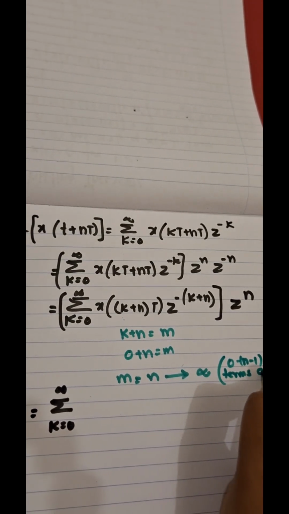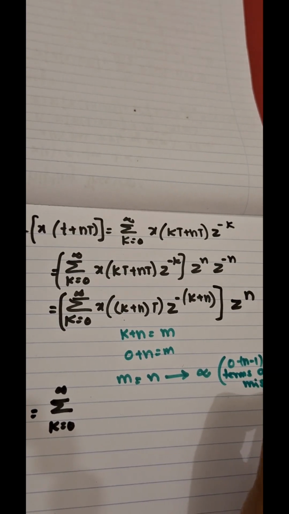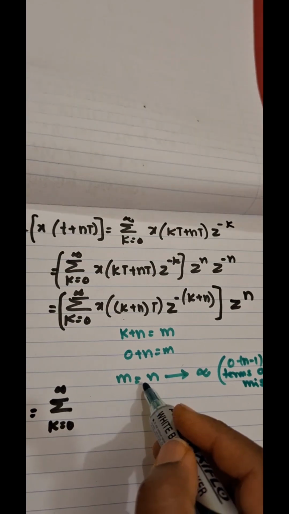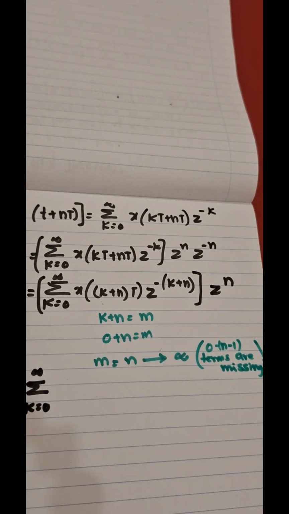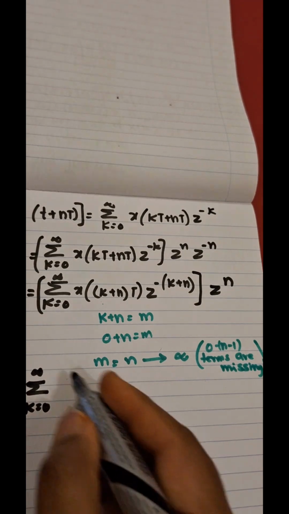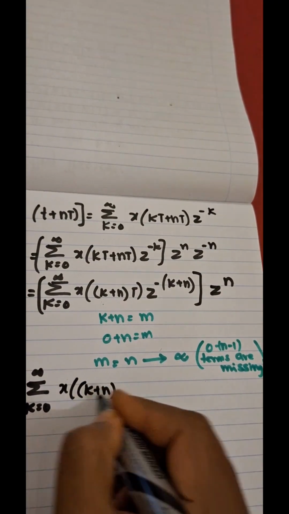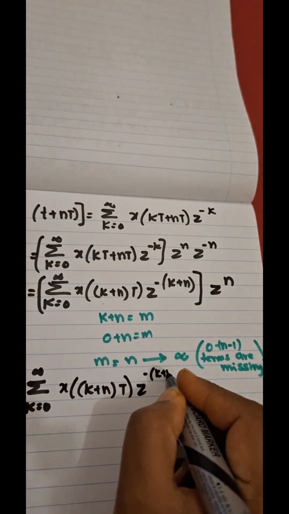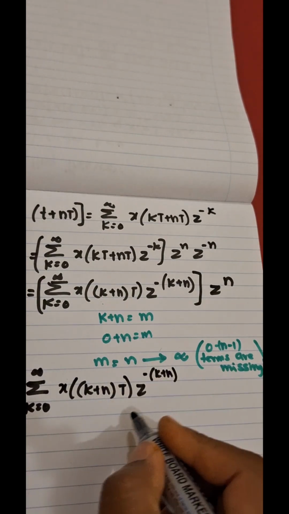terms are missing, right? Because you can see the equation is talking about n to infinity, meaning 0 to n minus 1, the terms are missing. So to get those terms into this equation, we write x of (k plus n)T z power minus (k plus n). The same equation I wrote here, okay?